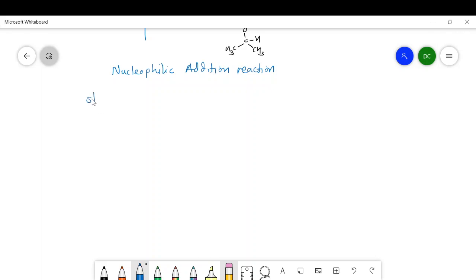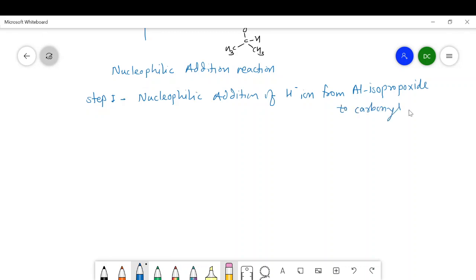So the first step I will write here: nucleophilic addition of hydride ion from aluminum isopropoxide to carbonyl carbon. So this is the first step.